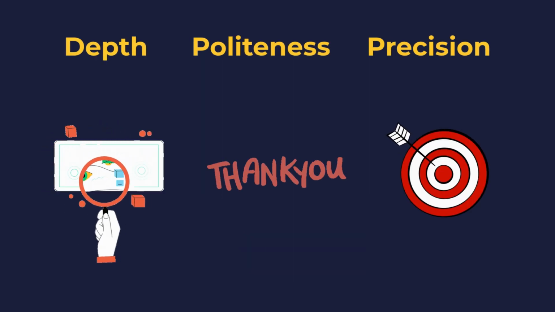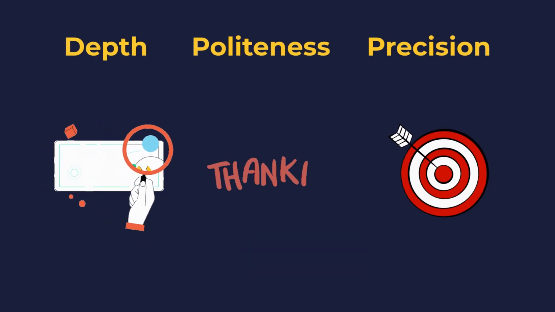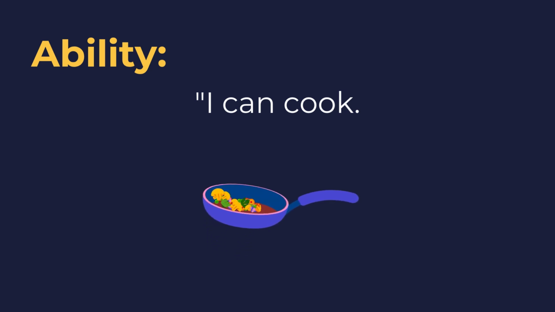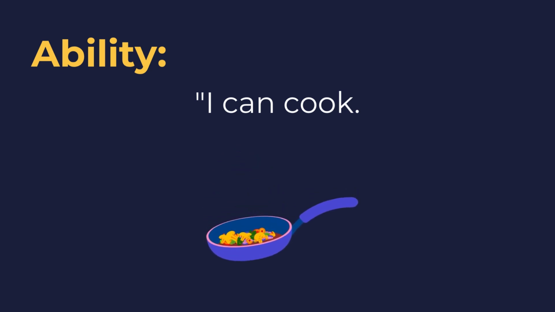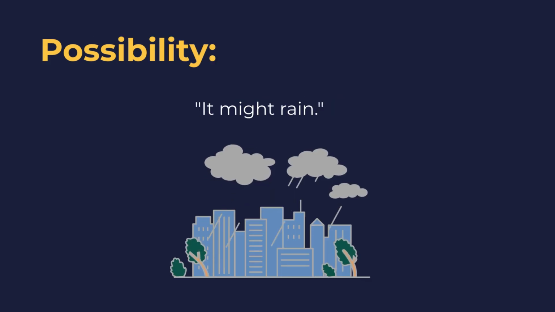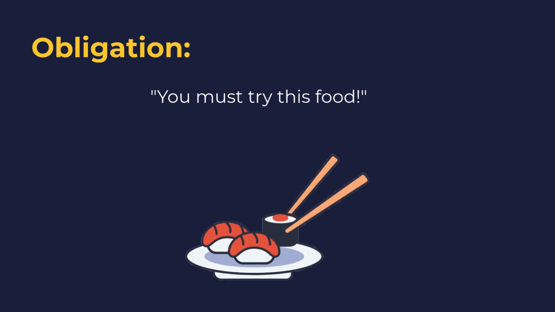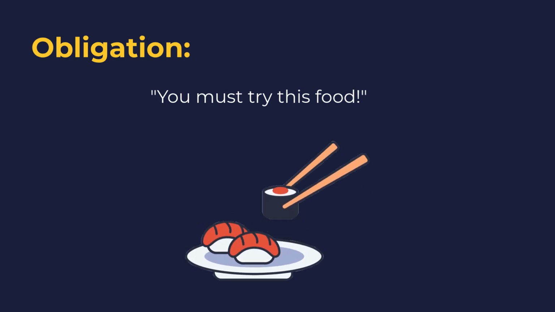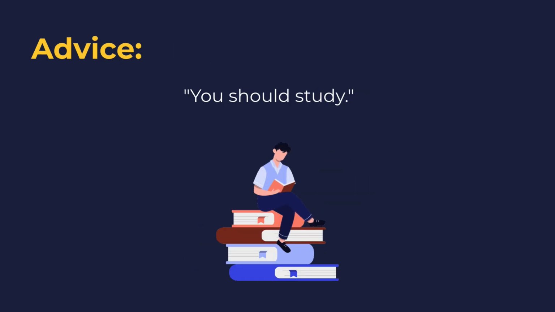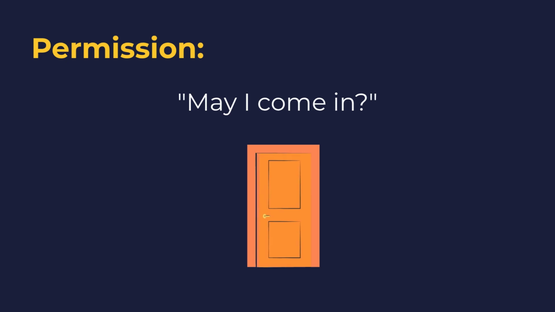They let you say what you can do, like, I can cook. What might happen? It might rain. What you must do? You must try this food. Good advice. You should study. If you can do something, may I come in? Polite request.